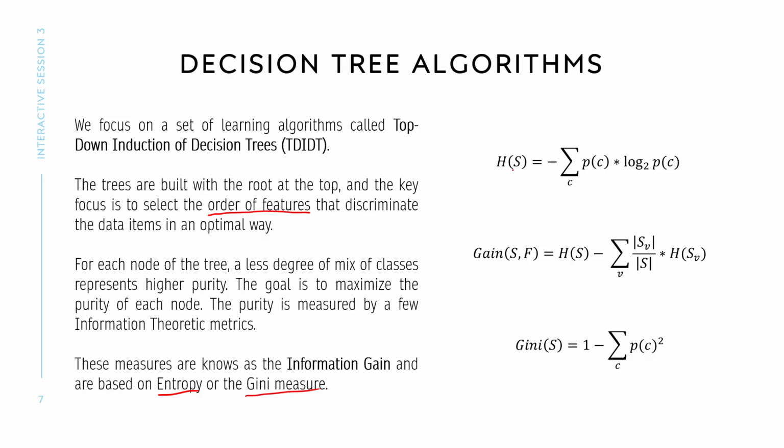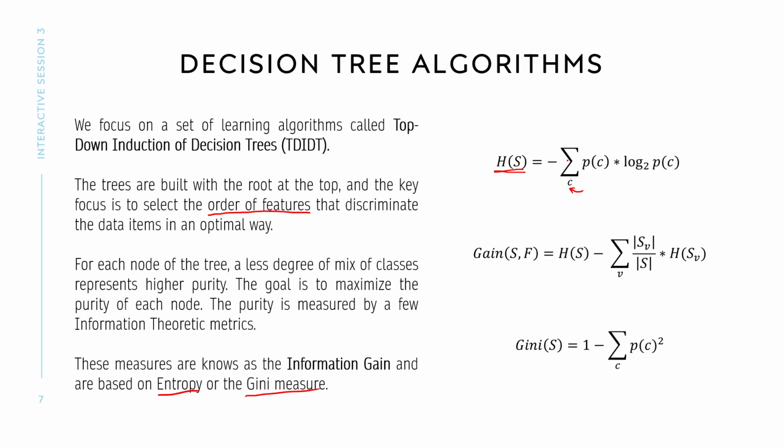So entropy for a particular case is calculated as a negative of, so C is basically the value, right?